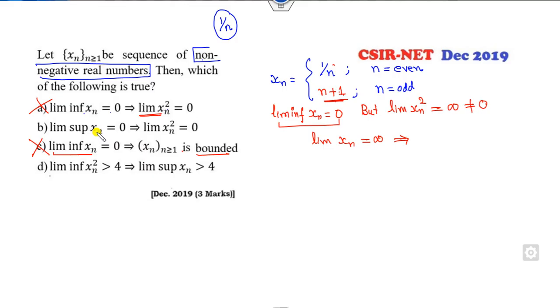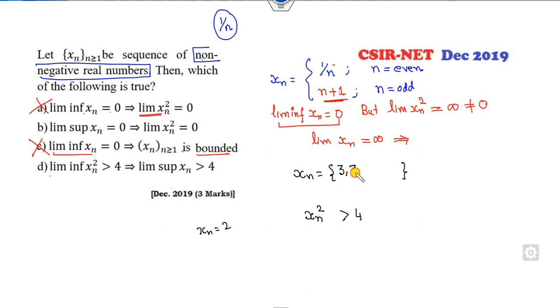Can you think about the limit supremum? Can you think of the supremum being 0? This is my infimum. Can you think of any sequence such that xn square will be greater than 4? If I consider xn as 2, then 2 square is not greater than 4.